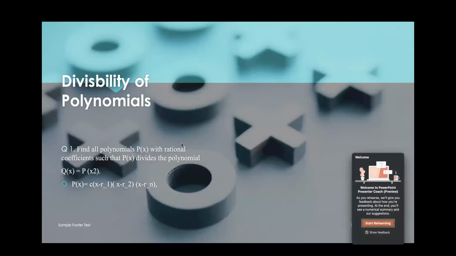Okay, so the problem that we're presenting today is problem number 3, divisibility of polynomials. The first question asks us to find the polynomials p(x) that divide p(x^2). For that, we can begin by considering that the roots of polynomial p are the square roots of the corresponding q polynomial.